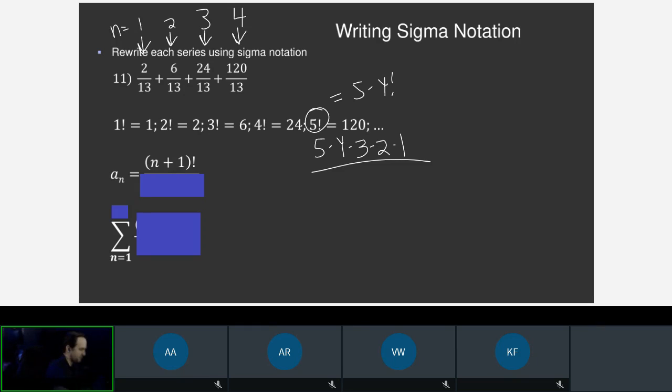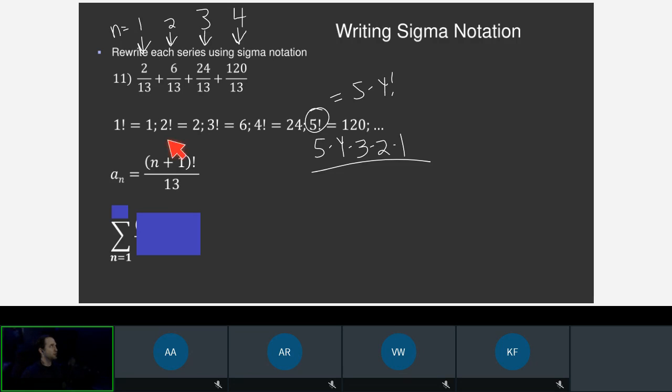So yeah, don't forget that little piece. That's your first term, your second term, your third term, your fourth term. And then what does the bottom always equal? The bottom is always 13. So that's the easy piece. Always 13.